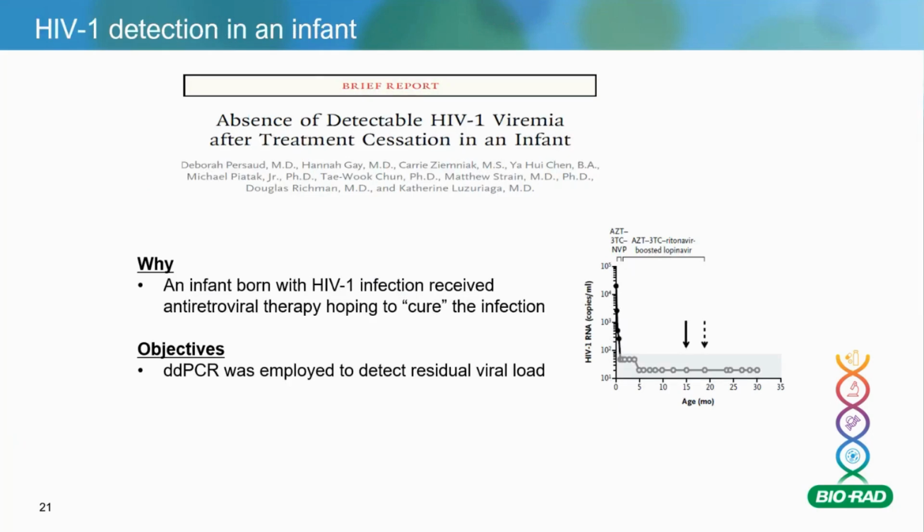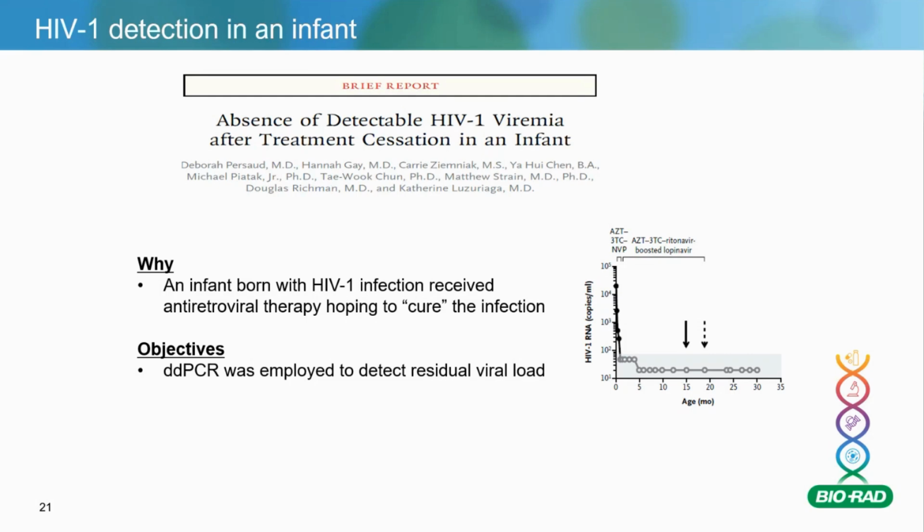And this is another one with HIV. This case study was looking at how very early ART treatment in infants can alter the establishment and the long-term persistence of HIV infection.